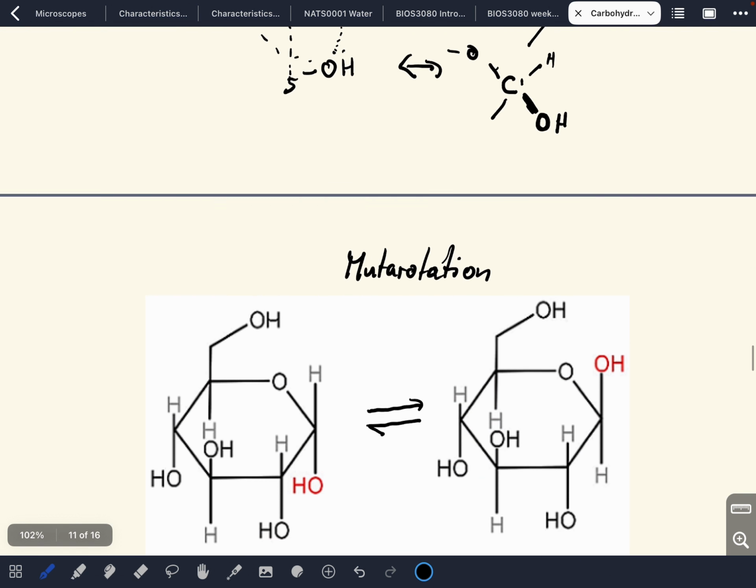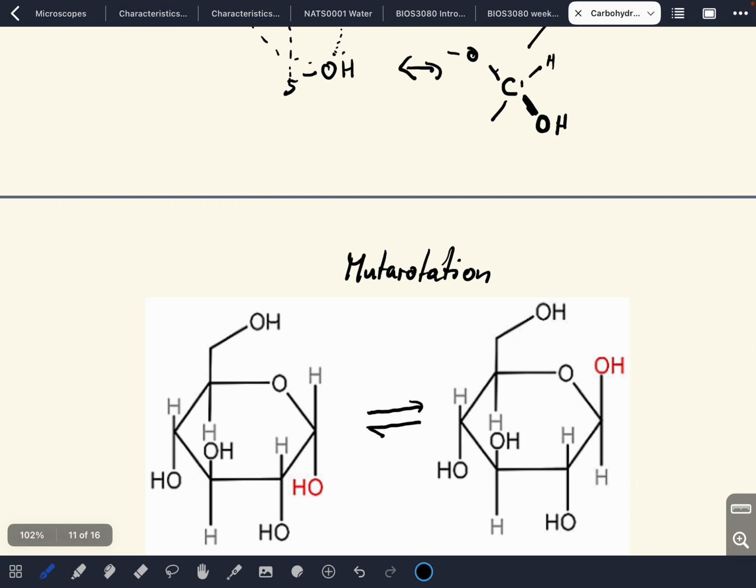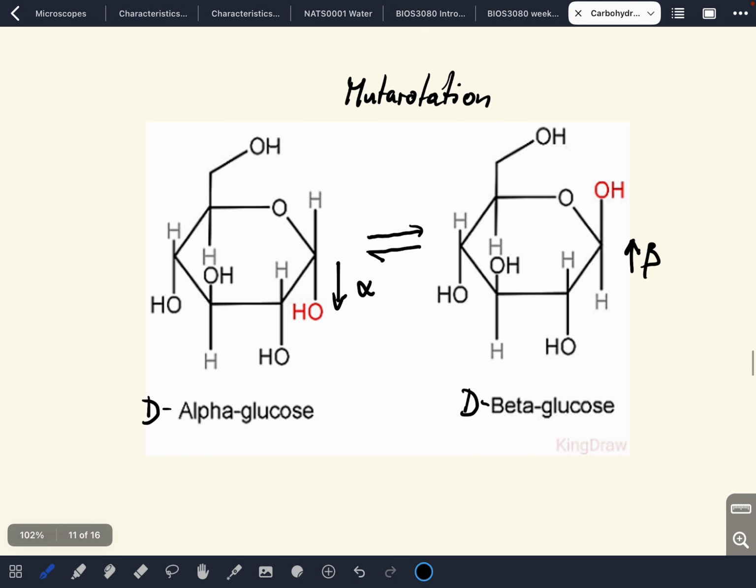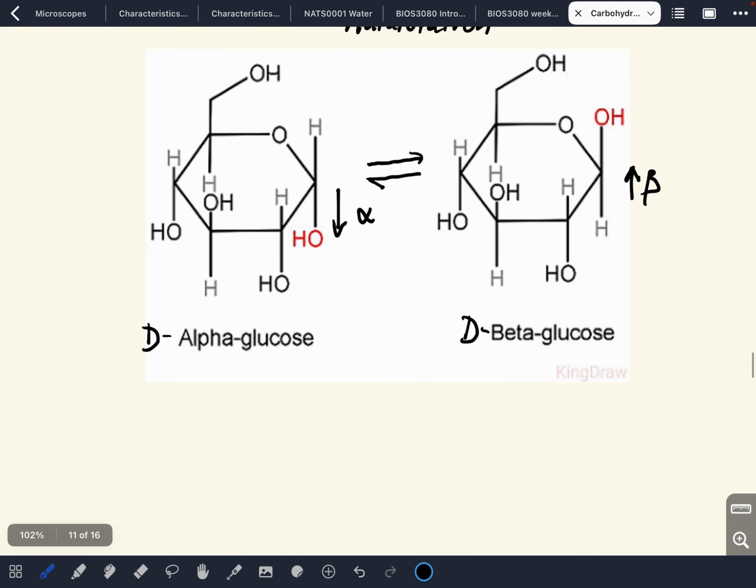So this mutarotation is a function of this hemiacetal function. So as I said, if it is down, it's alpha. If it is up, it's the beta form.